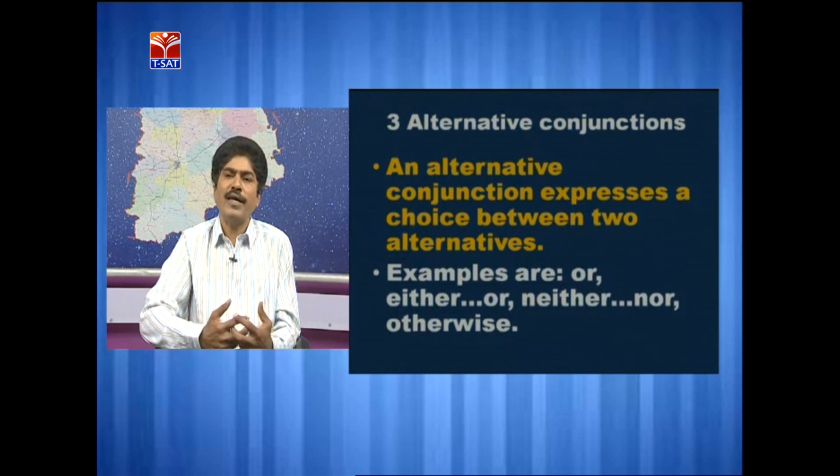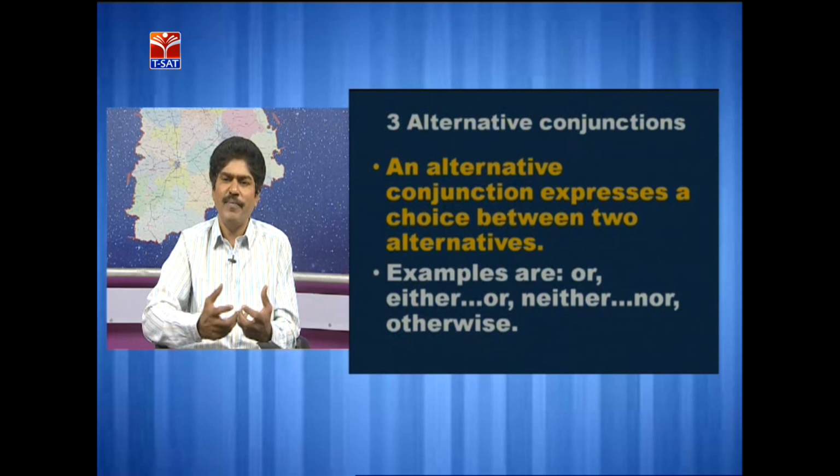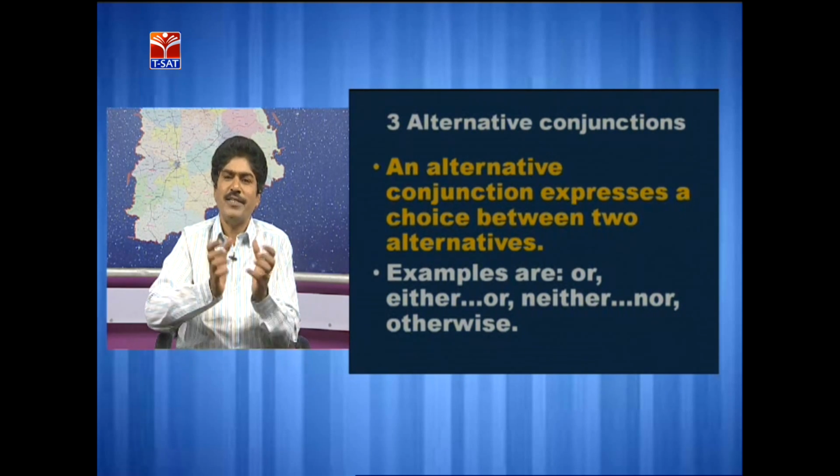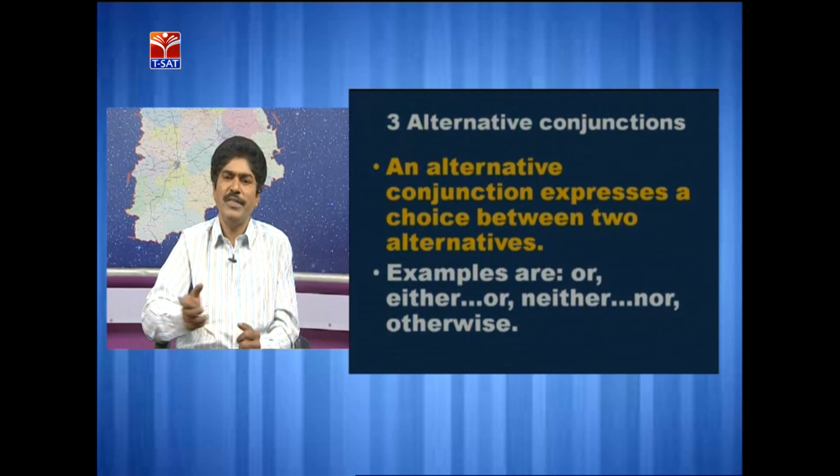The next type is alternative conjunctions. An alternative conjunction expresses a choice between two alternatives. Examples are or, either or, neither nor, otherwise. We name them alternative conjunctions. They provide choice to us. We can express choice by using them.